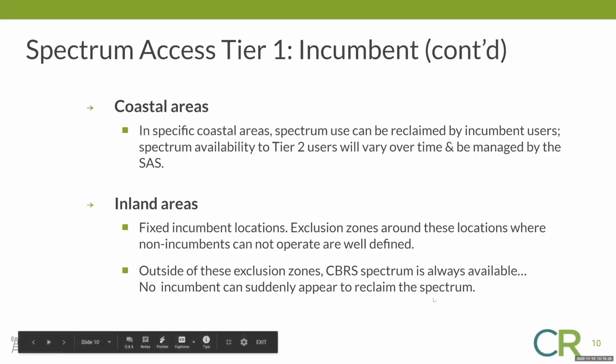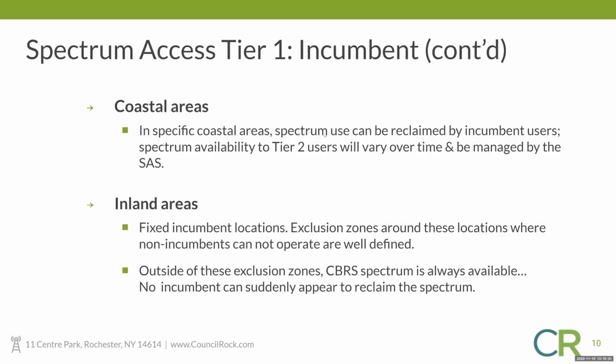I think some information shows that the East Coast has more activity from this type of incumbents than the West Coast, but really there is no definitive answer of which one is better. As long as the users are connected to the SAS, then they shouldn't have any issues connecting to this spectrum in any of these areas.